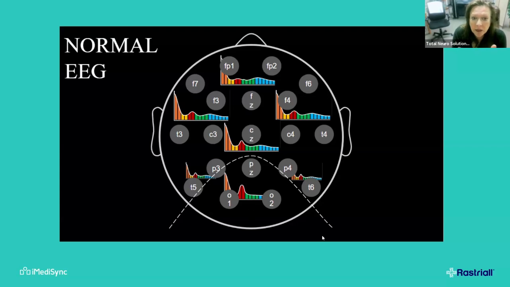Betas should be largest in the front in the eyes open condition, especially on task, and get smaller as it moves towards the back.